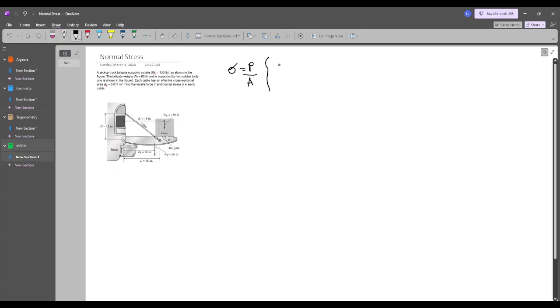Side note, since tensile force T is a force, we can relate it to P, which is how we'll be able to get the final answer. So how do we get P to get this? We moment.